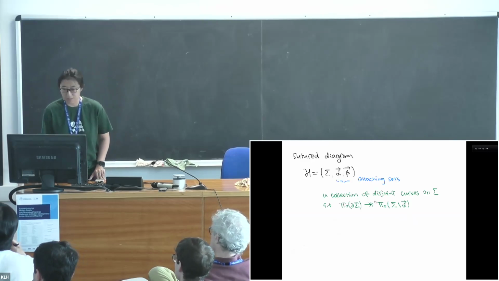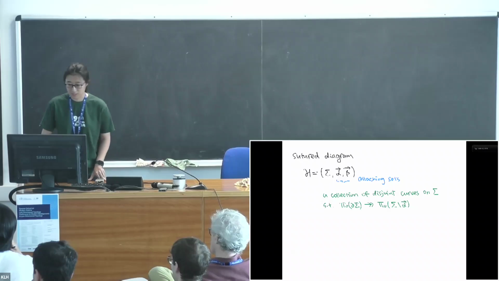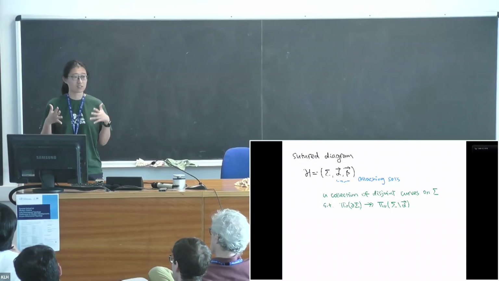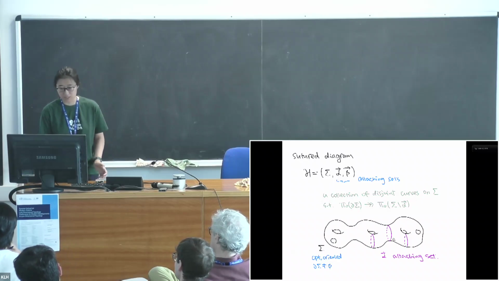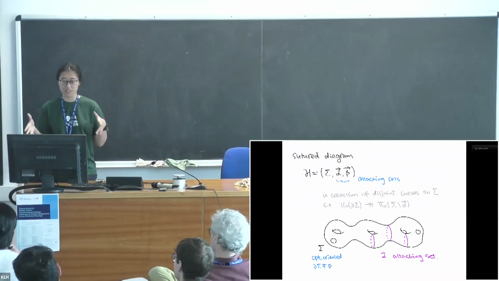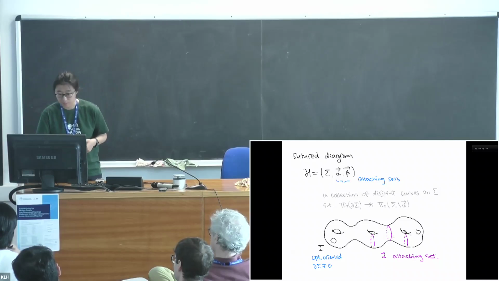And then alpha and beta are attaching sets. An attaching set is a collection of disjoint curves on this surface, such that when you cut the surface along these curves, each connected component contains at least one component from the boundary of the surface sigma. So this is an example. We see that if we cut the surface along the purple curves, we get two components, and each component contains one of the boundaries.